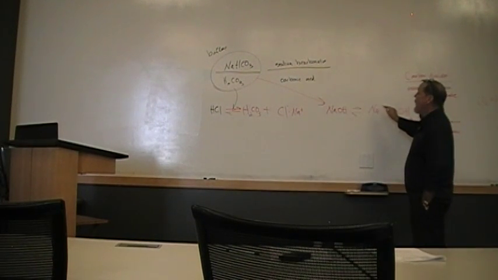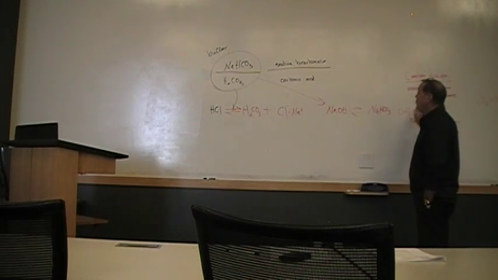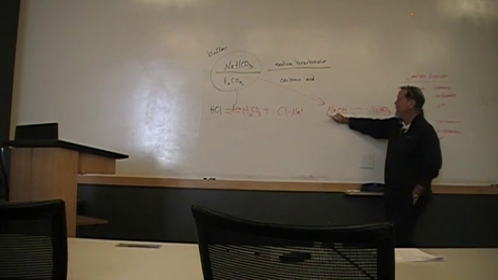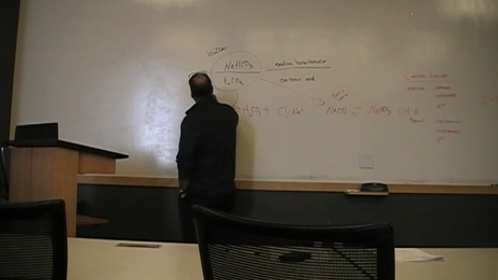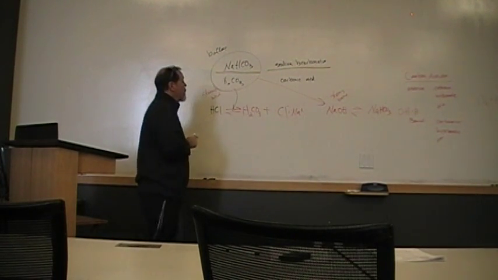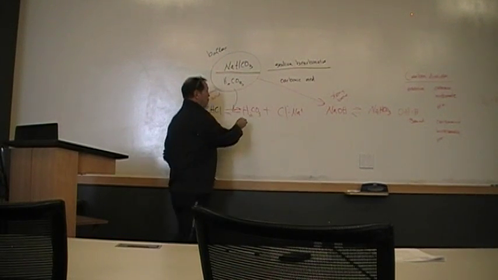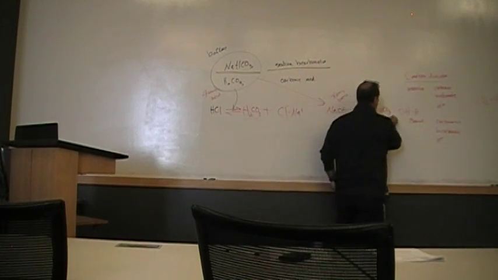So we get NaHCO3, and here we get another H. So in this case, this is a strong base. In this case, this is a strong acid. And what the buffer system does is it changes the strong acid to a weak acid. And in this case, it changes the strong base to sodium bicarbonate.